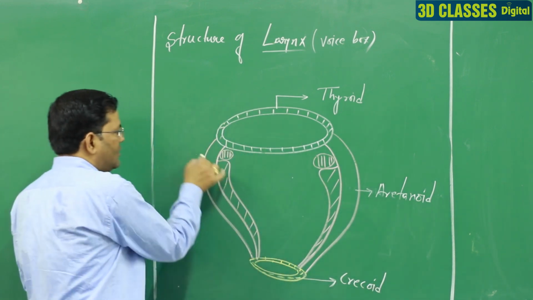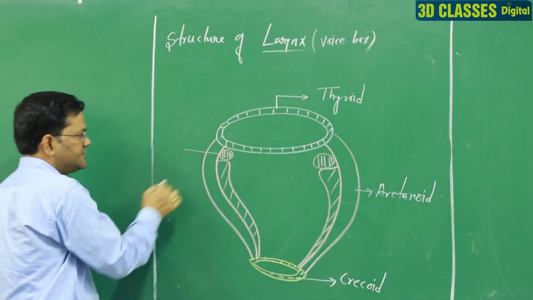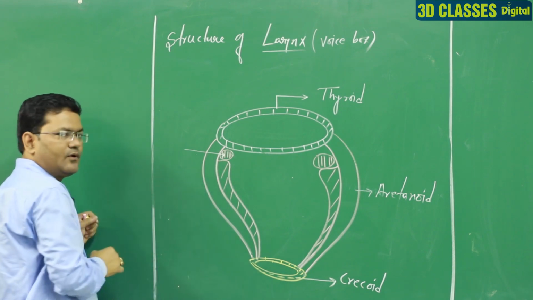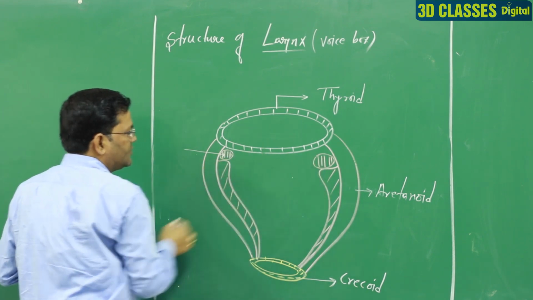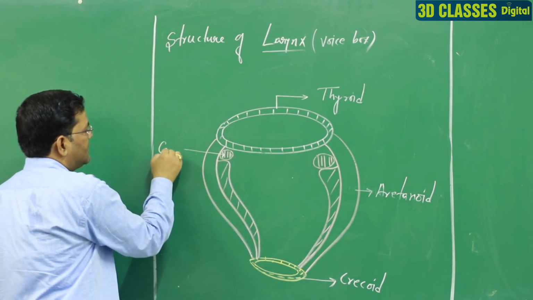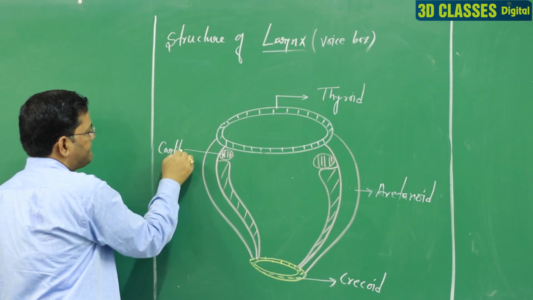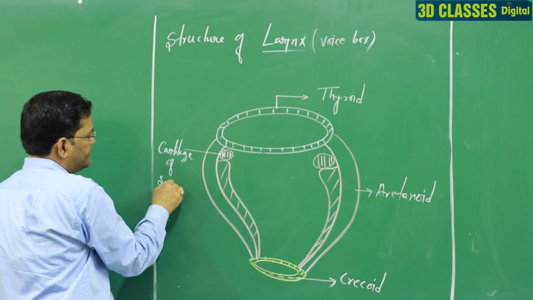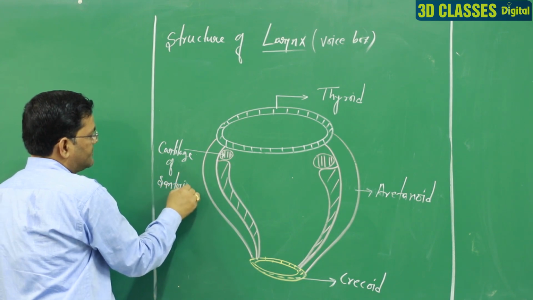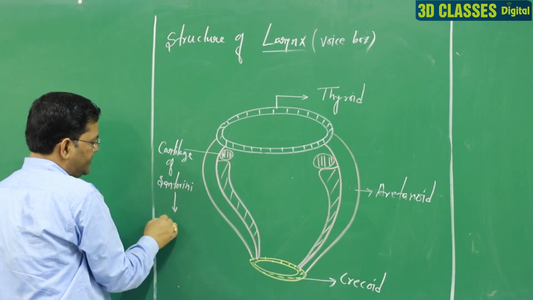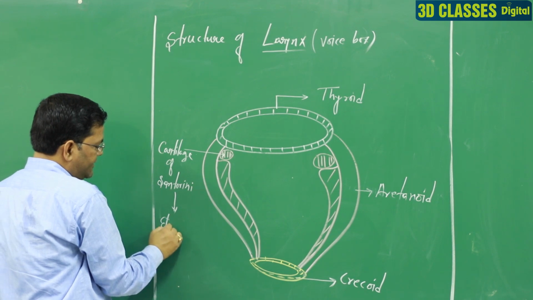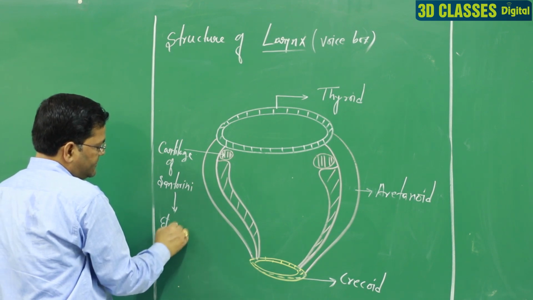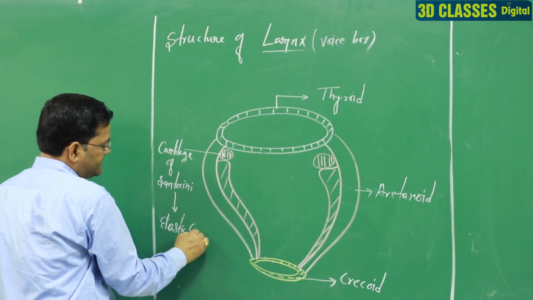The name of the internal cartilage, round in shape, formed in the two regions, is called cartilage of Santorini. Cartilage of Santorini is an elastic cartilage.